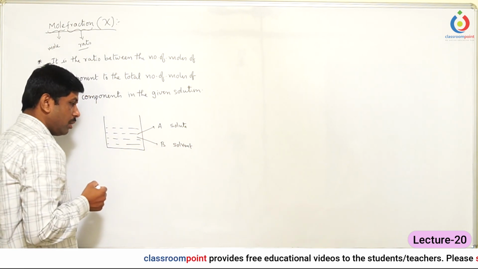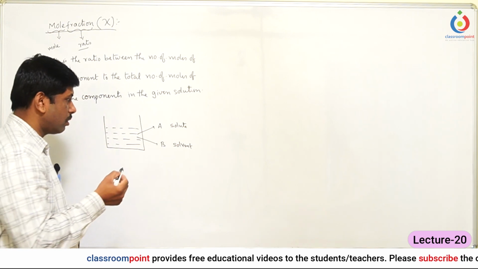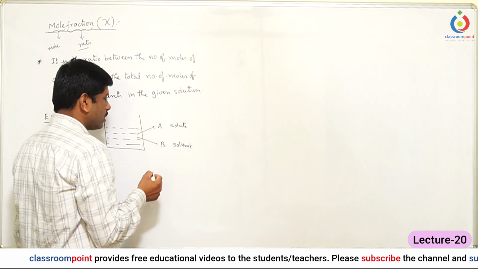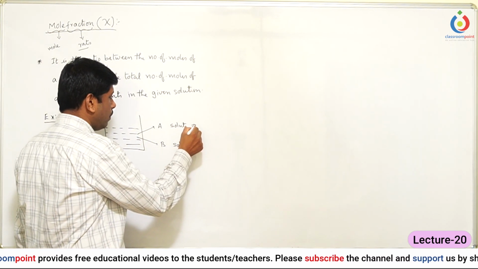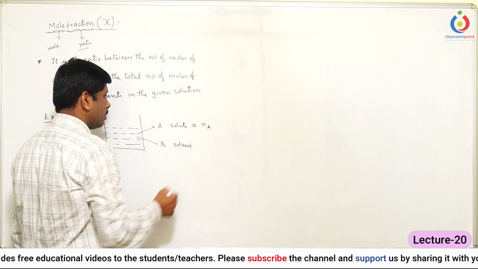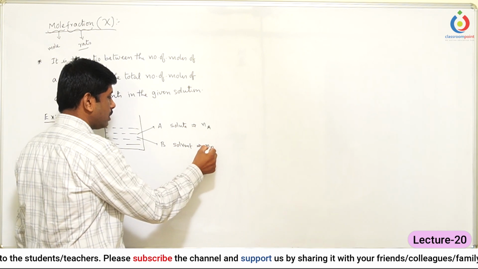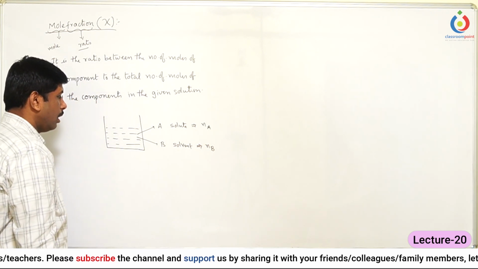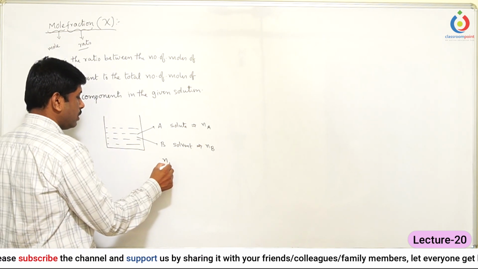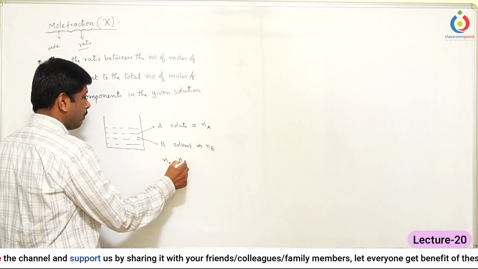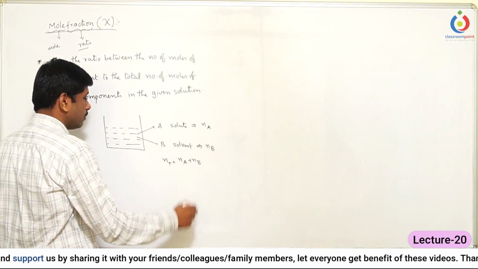Together they are making the solution, a homogeneous mixture, that is called a solution. Let us consider the number of moles of A present in the solution is Na, whereas for B the number of moles is Nb, and the total number of moles present in the solution is Na plus Nb.